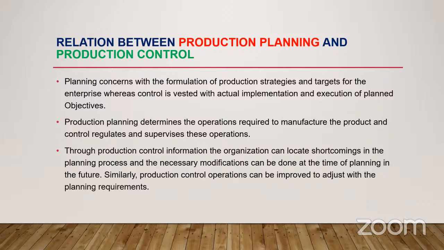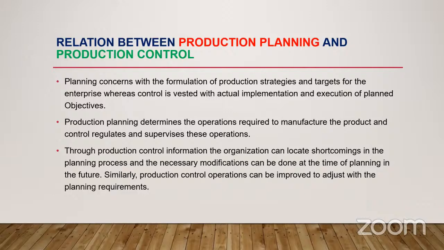Without the planning, you can't achieve things. Through production control information, the organization can locate problems in the planning process, and the necessary modifications can be done at the time of planning in the future. Similarly, production control operations can be improved to adjust to the planning requirements, because you know the organization's goal is to be certain things.